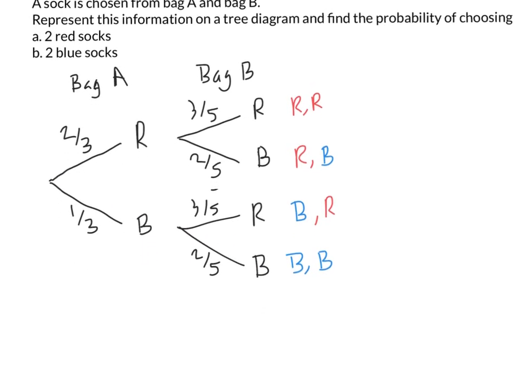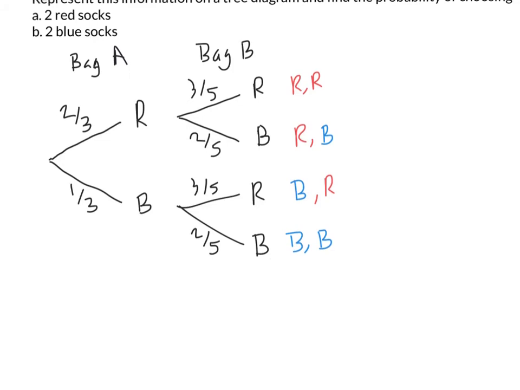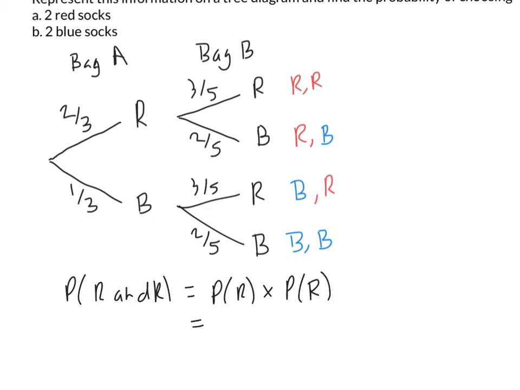Now I need to work out the probability of 2 red socks. So probability of red and red. That's going to be the probability of getting red in the first go multiplied by the probability of red in the second go. Remember, when you've got 2 events that are independent, you can multiply the probabilities. So that's 2/3 multiplied by 3/5.